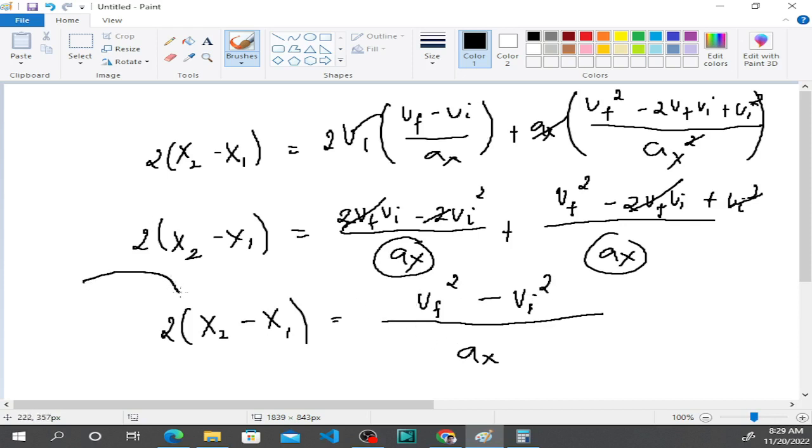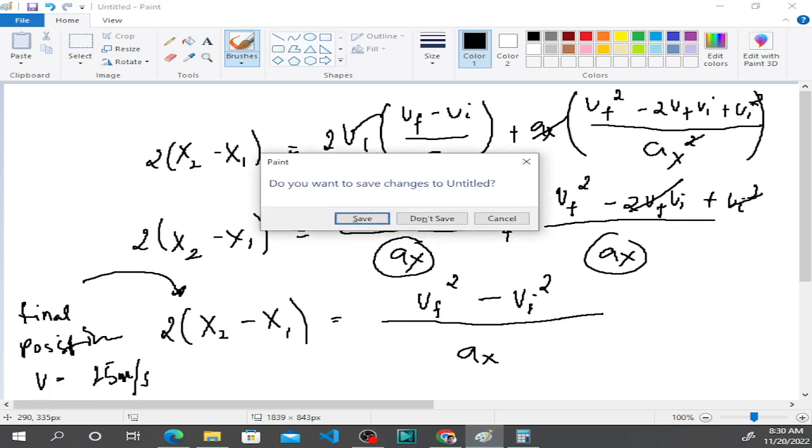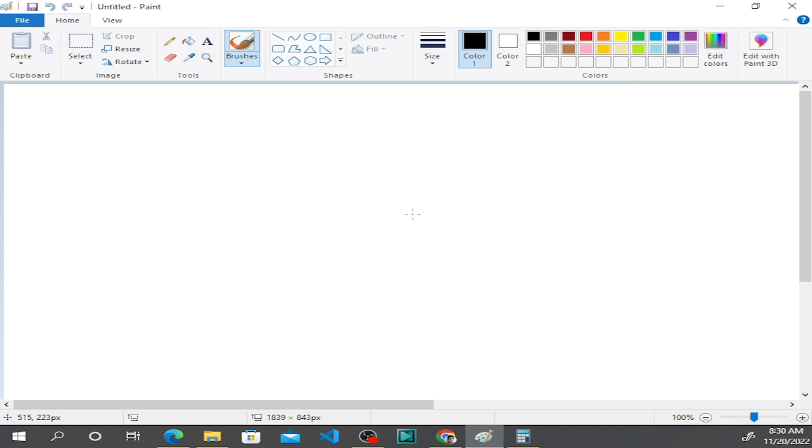Okay, so from then on we can know the final position when velocity is equivalent to 25 meters per second. And then we'll try to solve for that. So we now have 2 times (x₂ − x₁) is equivalent to (v_f² − v_i²) all over a_x.